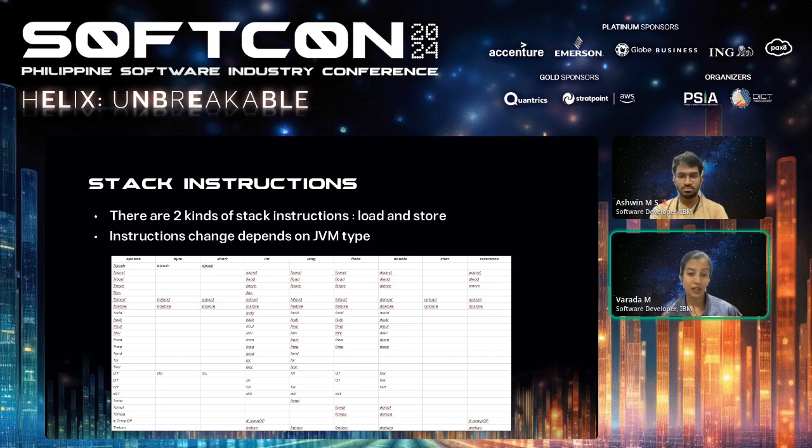And on the JVM, for all the short data types like byte, short, and int, the prefix will be i. As you can see in the table, it will be iconst, iload, istore, iinc, iaload, iadd, and similarly. If you want to convert from int to byte, then it will be i2b, or into short, it will be i2s, and similarly for float, long, and double.